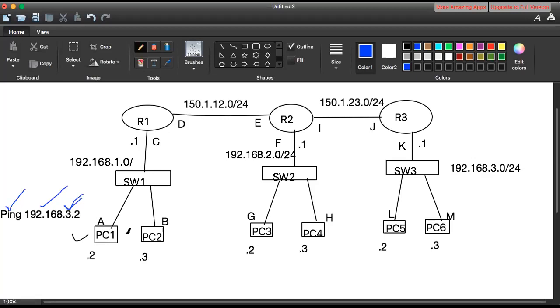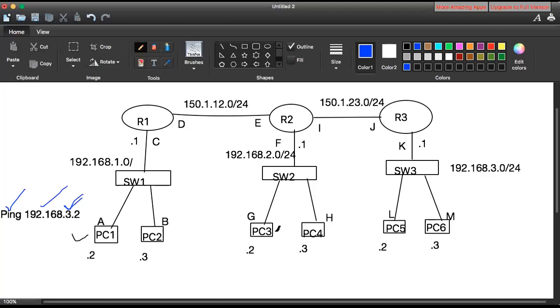So let's say the default gateway here we have configured as .1. PC1 knows that in order to send outside, I have to send this ICMP echo request to my default gateway, which is .1.